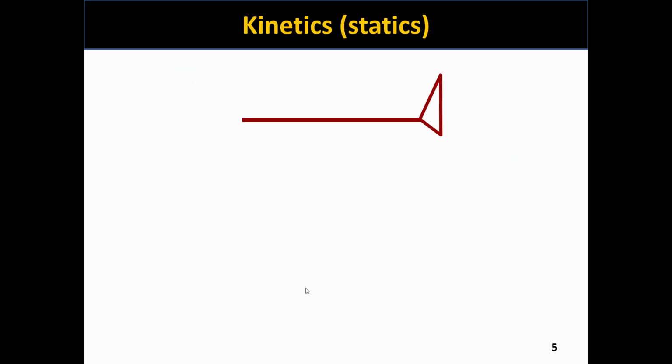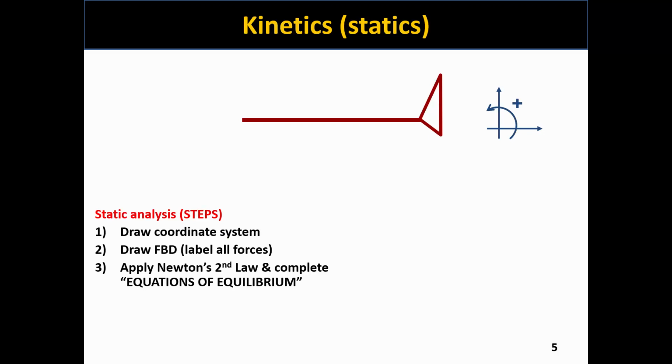So we're going to redraw our free body diagram here, but we're going to give those forces labels. And so just to review our steps once again, we're going to draw our coordinate system that we just carried over from slide number 4.